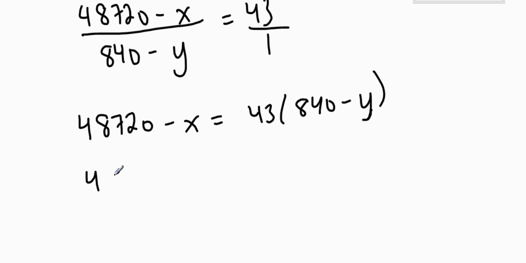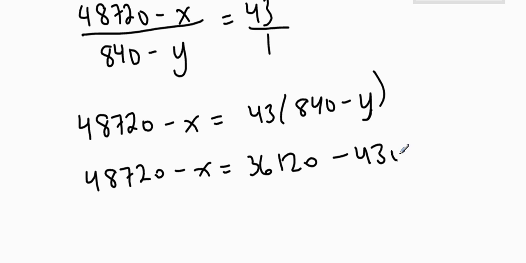So 48,720 minus X equals 43 times 840, which is 36,120, minus 43y.